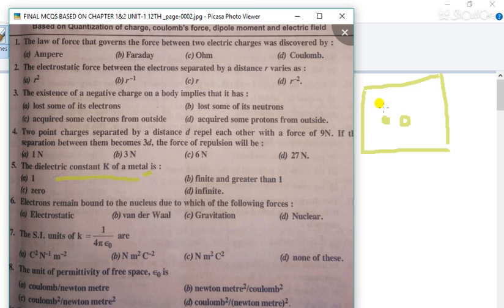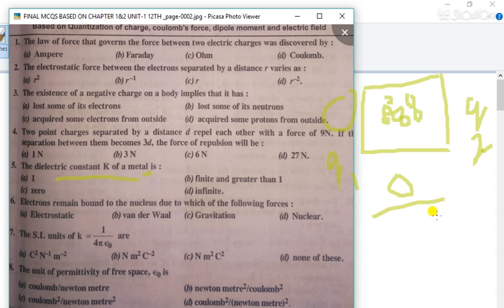So in metals, the electrons are very close, or the particles are very close. So it decreases the force between two charges. If this is charge Q1 and this is charge Q2 and they are kept inside the metal, then this force will decrease by a very large factor. That means it becomes almost zero.